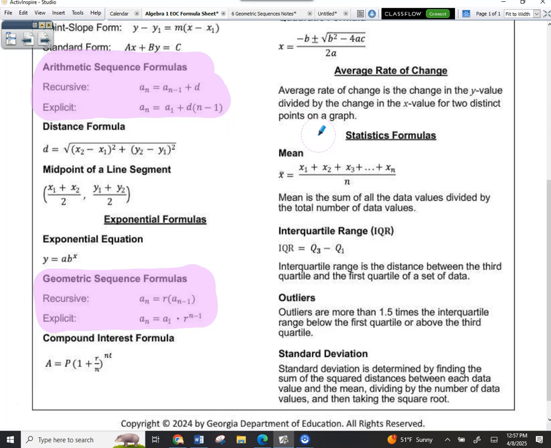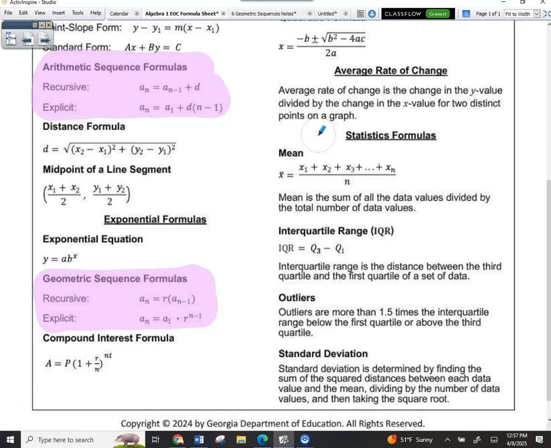We've already said sequence and formula. What else? Thank you. Say it a little louder with confidence. Recursive is in both. What else? Explicit is in both. There are two types of formulas with a sequence.